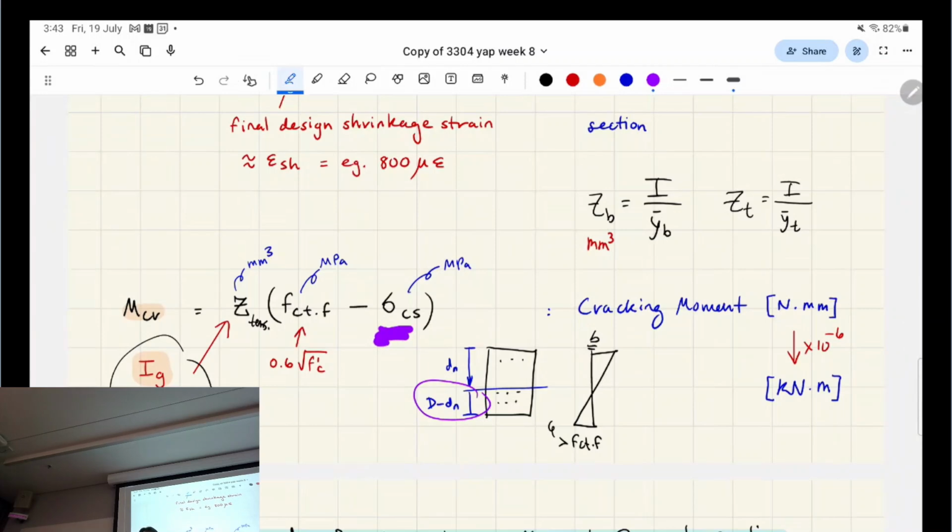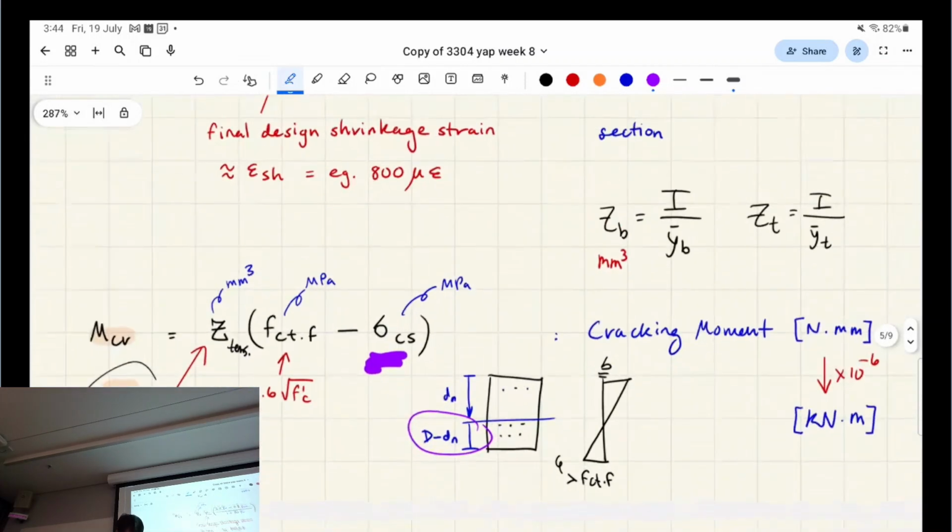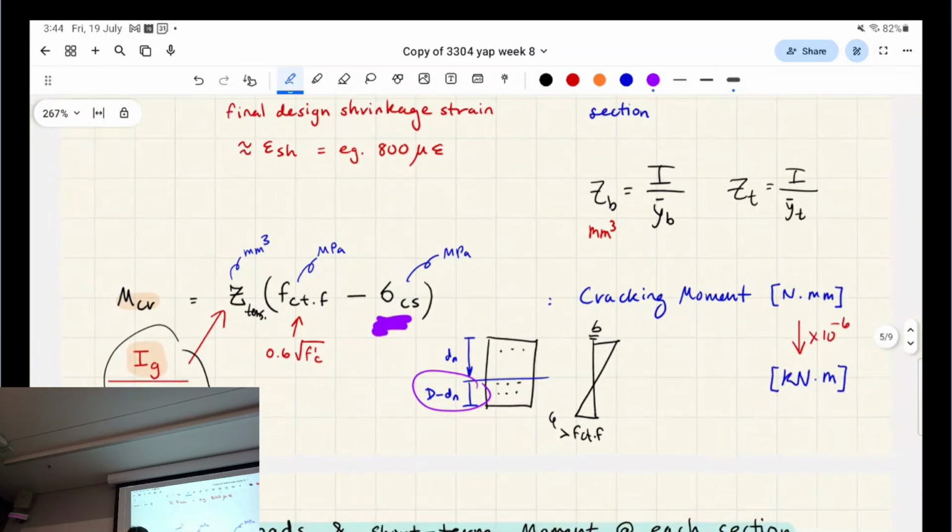Sigma cs, right? So this is the shrinkage-induced tensile stress for the uncracked section. What this means is that the cracking moment can crack a little bit sooner than what you'd predict. That's what this subtracts. So it will have a little bit of a lower cracking moment because of this value, which has been subtracted. This is because of, do you remember? Okay, this is back to cement in week 2.